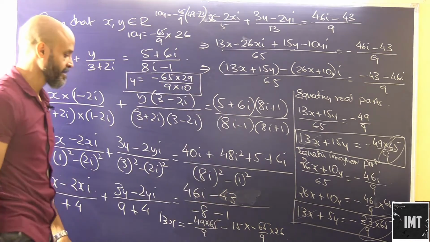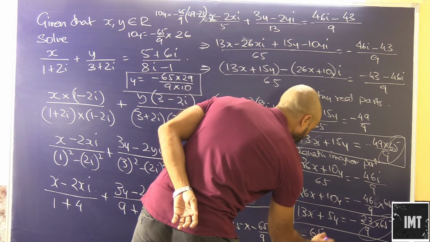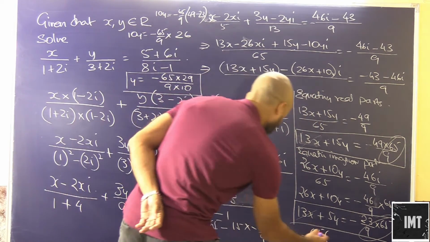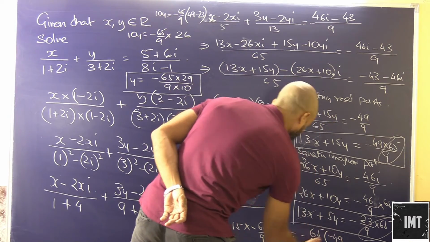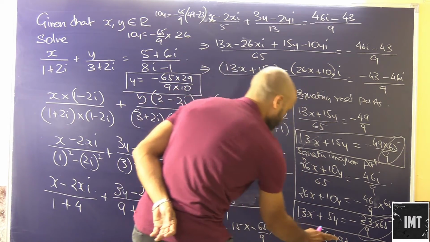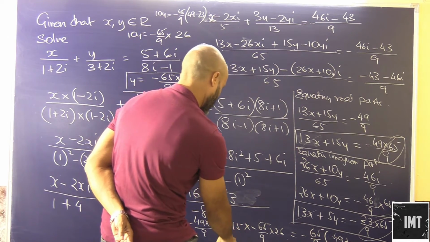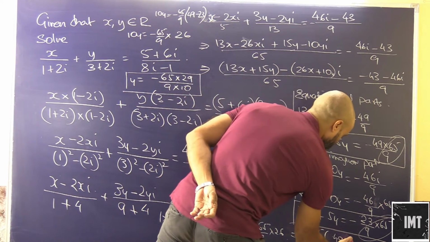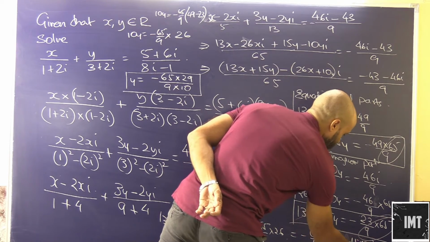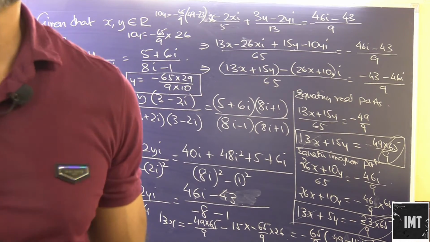Okay, we can take out minus 65 by 9 as common, so we will be left with minus 49 minus 15 into 26. So whatever the value comes out here, okay, you can take a snapshot of the same.